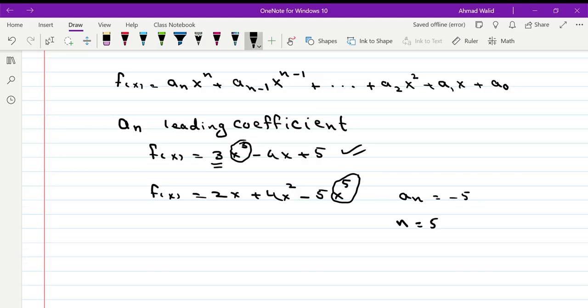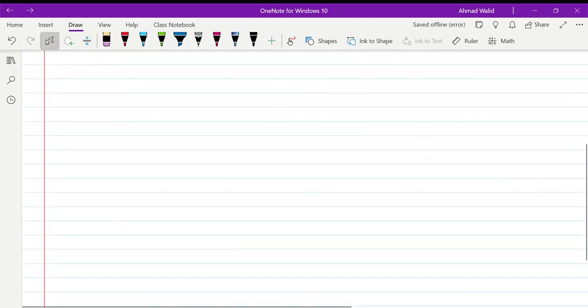Now, let's talk about some characteristics of a polynomial function. How? By looking at a graph, for example, how you should know if this graph belongs to a polynomial function or not. Number one, the graph of a polynomial function is always a smooth curve.